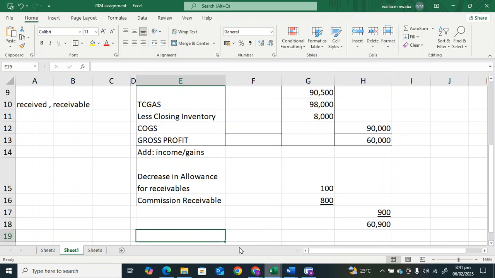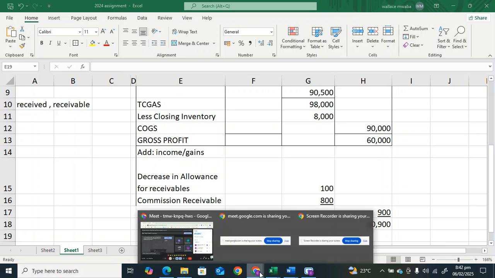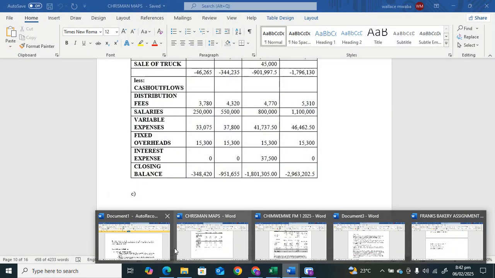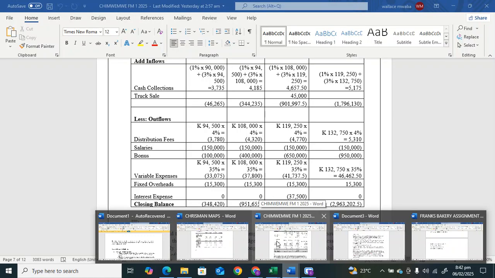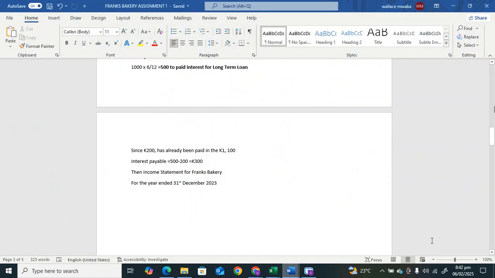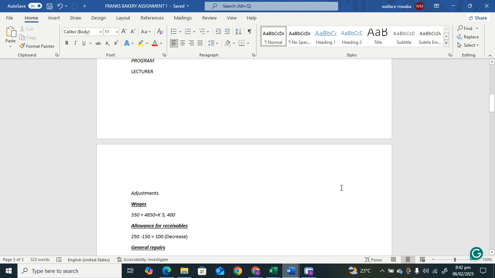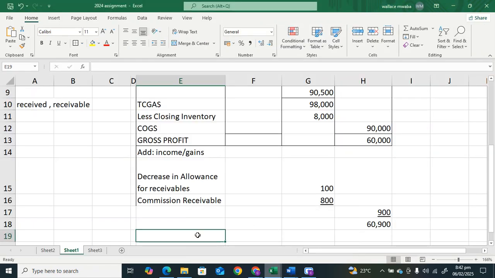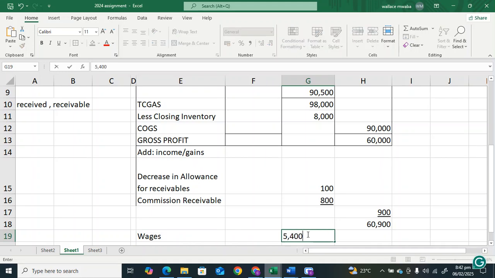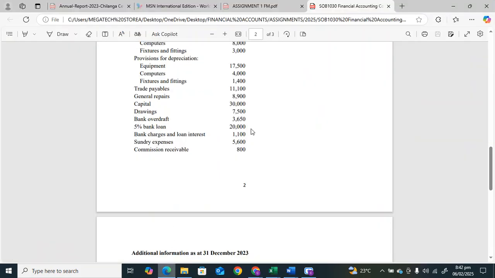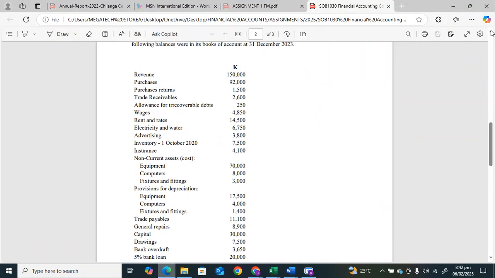Some of the expenses were adjusted for. Wages 5,400. Rent and rates 14,500.